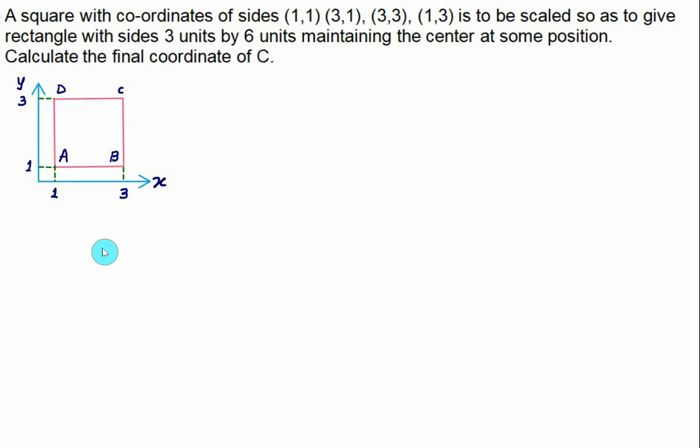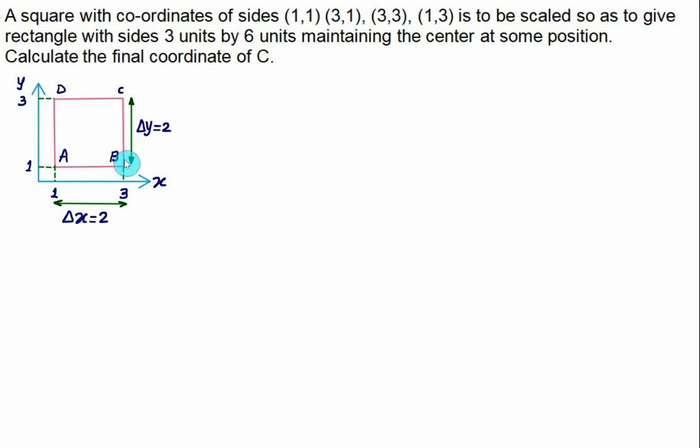So this square has sides given by delta x and delta y. In this case, delta x is 3 minus 1, which is 2 units, and delta y is 3 minus 1, also 2 units. We want to make it a rectangle such that the side AB, which is 2, becomes 3 units, and the vertical side becomes 6 units.